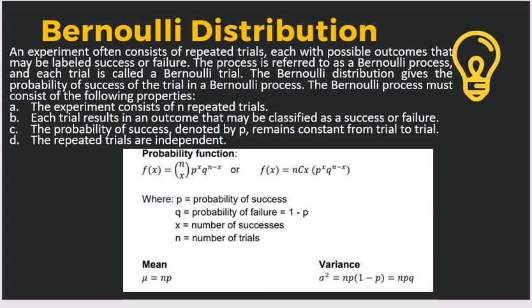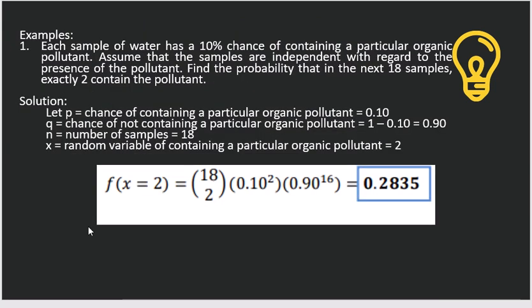This is our formula here. So we have 0.90, and we have your n, the number of samples, which is 18, and x, the random variable for containing the particular organic pollutant, which is 2.